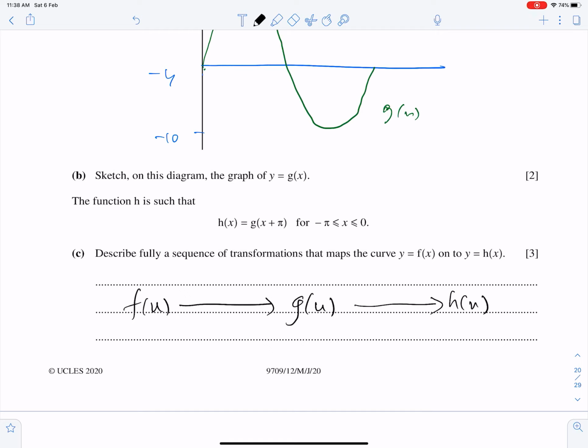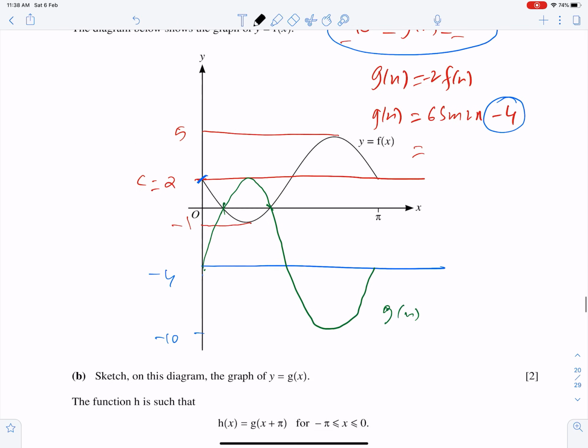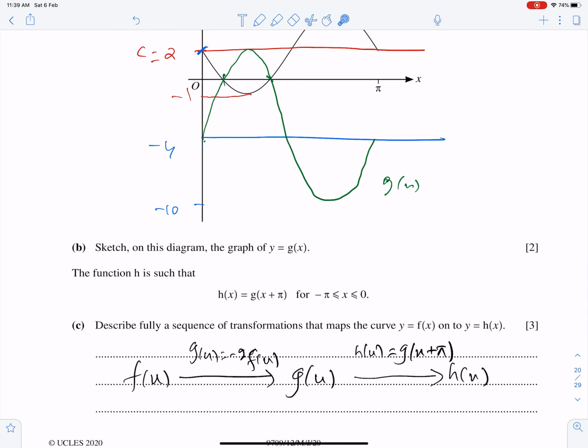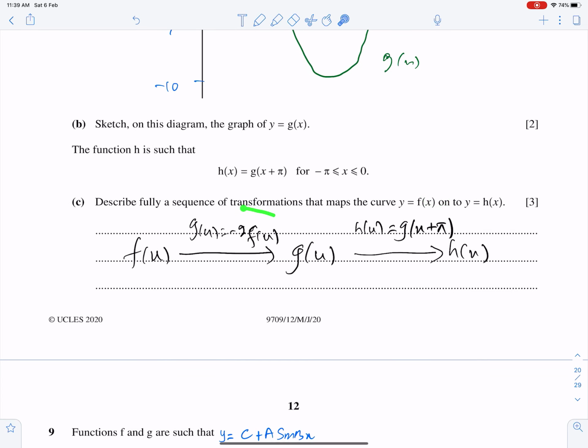F of x will become g of x through this transformation, minus 2 f of x, and g of x will become h of x through this transformation, g of x plus pi. This transformation we did here and this is given. Now you need to observe these transformations carefully.